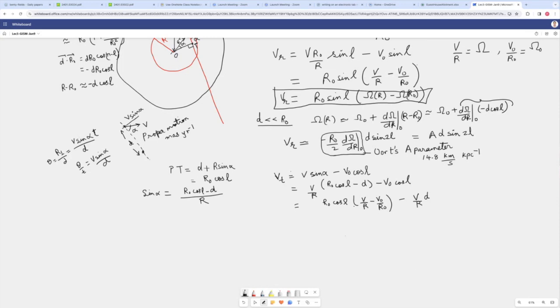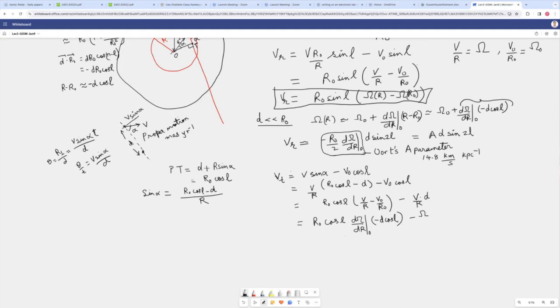Omega minus omega naught is equal to R naught cos L times d omega dr evaluated at the sun's position times minus d cos L minus omega times d.